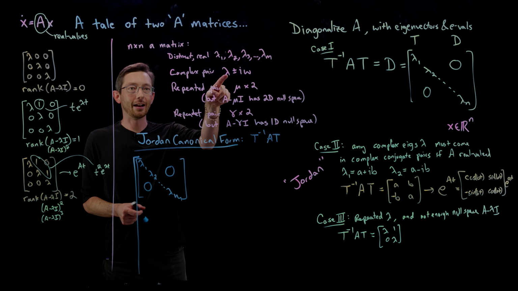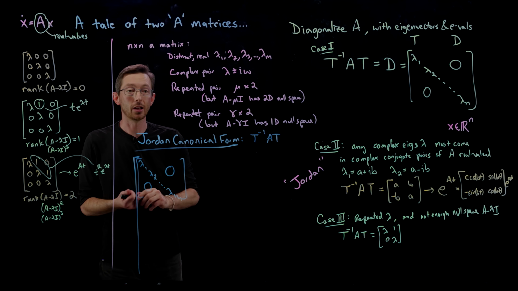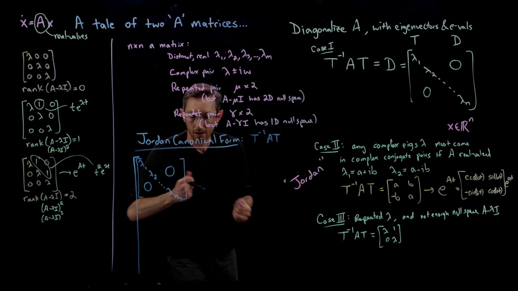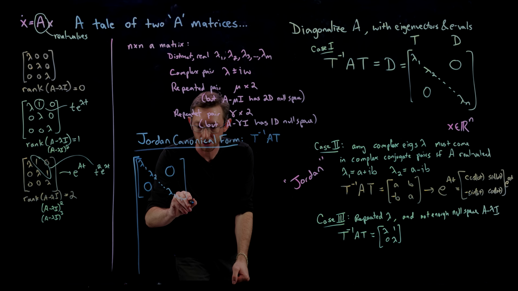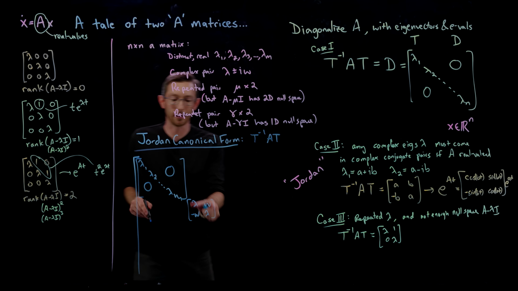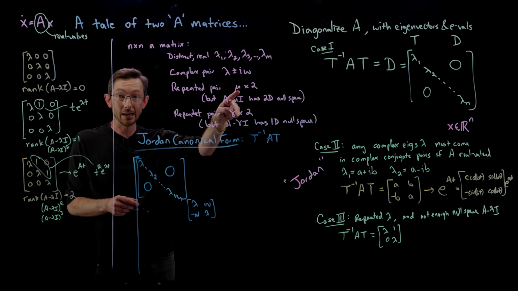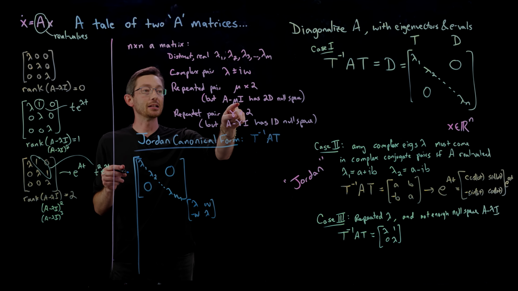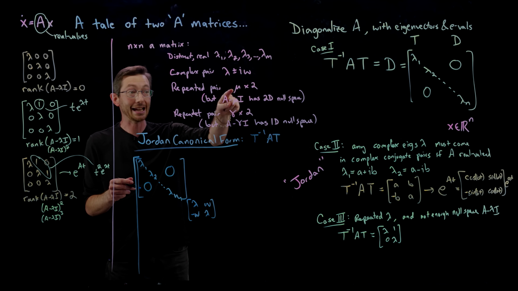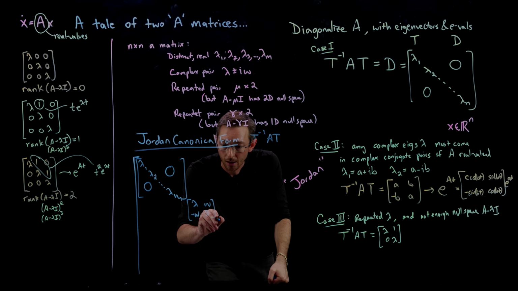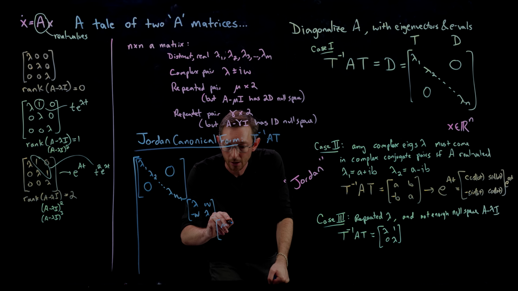And then I'm going to have another Jordan block below it for this complex pair. So I'm going to have this little block here, which is, I believe, lambda omega minus omega lambda, this little Jordan block there. And then I'm going to have another Jordan block for my repeated eigenvalues. But because A minus mu I has a two-dimensional null space, I can diagonalize this one. So I'm going to have a little mu 0, 0, mu block.